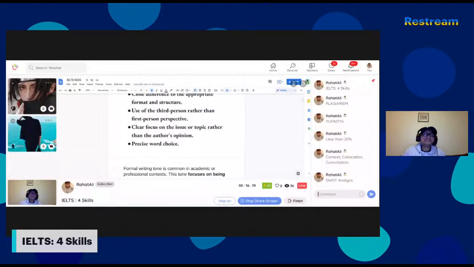SWOT analysis is the analysis that you perform in order to find out your own position. S comes from the word strength, W from weakness, O from opportunity, and T from threat. You basically want to find out in which area you have strength, weakness, opportunity, and what kind of threat you have, and then you try to improve yourself from the analysis you have made.